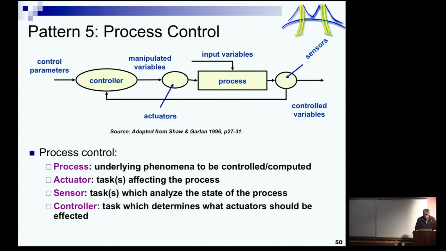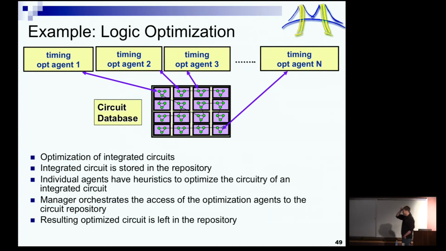Okay, pattern number 5 is, well, actually this is a pretty good one. Similar to the compiler optimization, there's logic optimization, where you store your circuit in the repository, and you can have independent agents applying circuit optimization techniques.